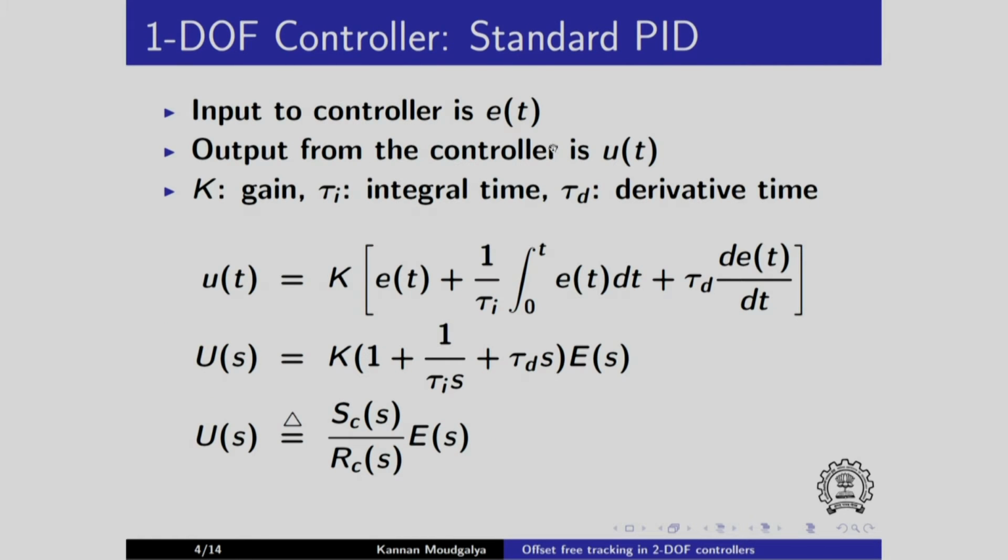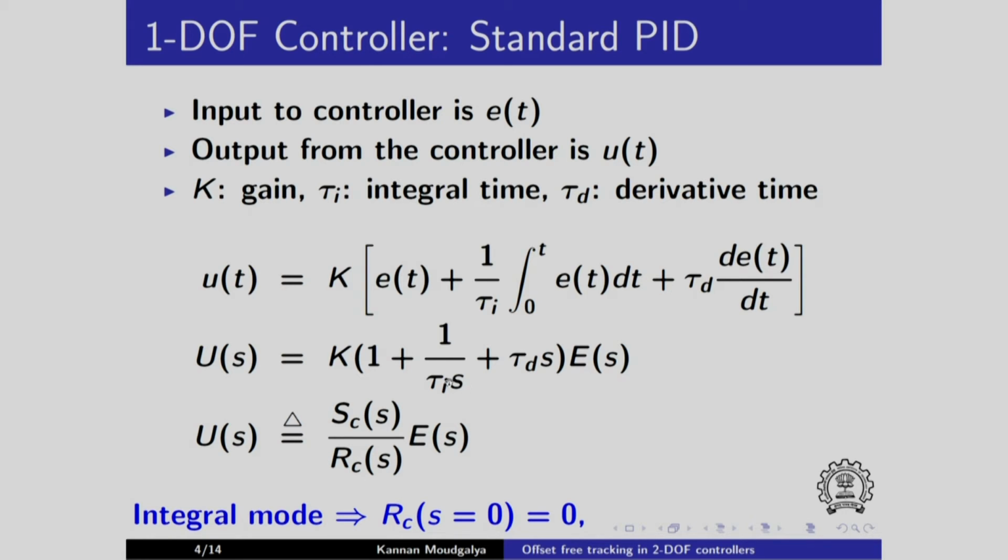Let us also recall the 1 DOF controller that we are familiar with, the standard PID controller. Remember that when we have integral mode, Rc of S equals 0 is 0, where Rc is the denominator of the transfer function.